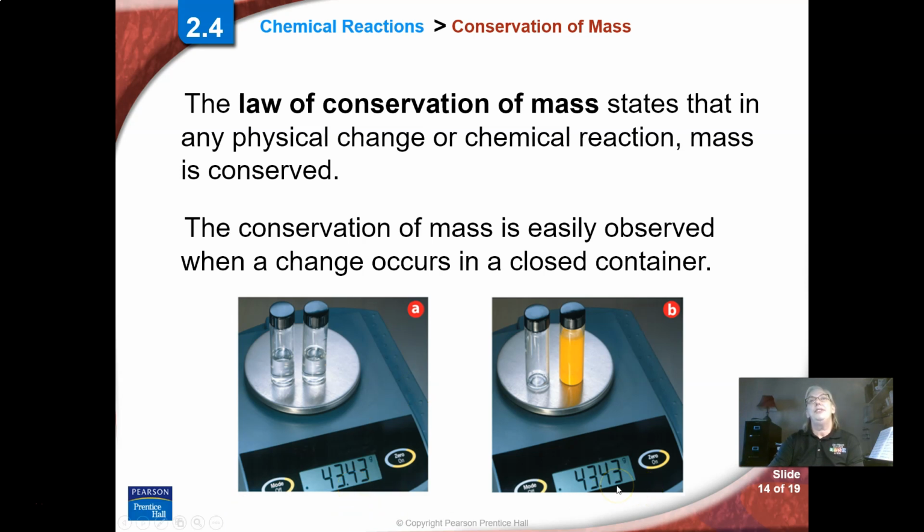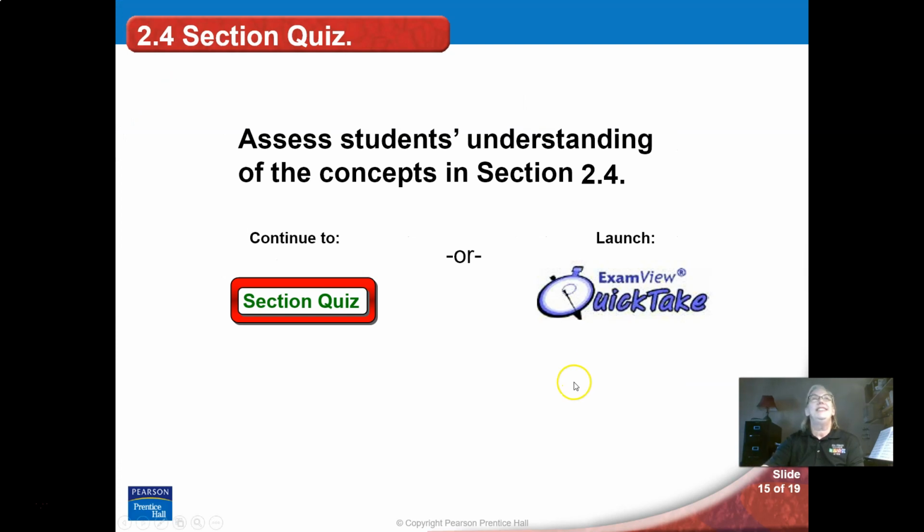When we end up after the reaction, we're still going to have 43.43 grams. Even though I see a color change from beginning to end, and I know I have a chemical change, I'm not losing any mass. That's important. So let's try a quiz, see how you do.